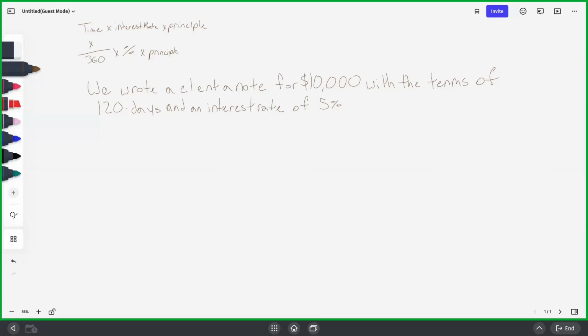Right? We wrote a note for $10,000 with the terms of 120 days and an interest rate of 5%. Give me the interest, the total interest and the total payment on maturity date. Okay, so total interest and maturity date? Yep, and total payment on maturity date.